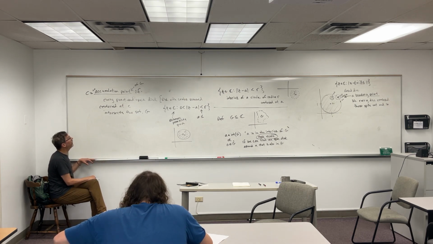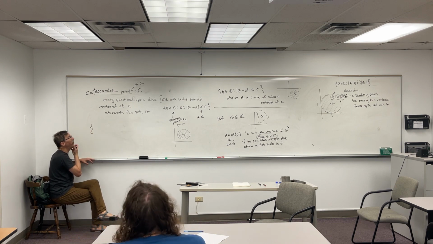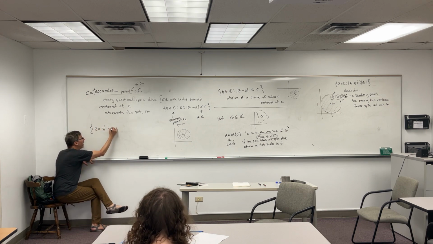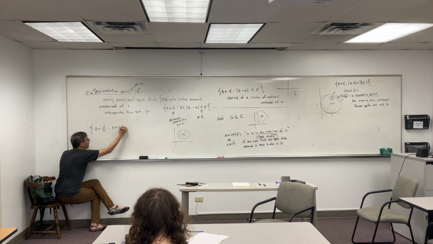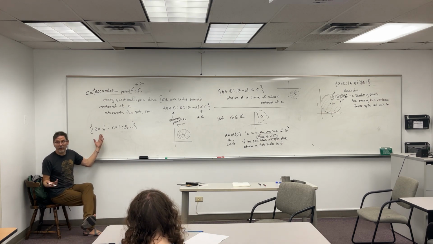Let me give you a nice set. Let's just look at this simple set here. I want to do a weird one to start with. It's the set of all z equal to 1 over n, where n equals 1, 2, 3, like so. This is all real, this could be real analysis right here.